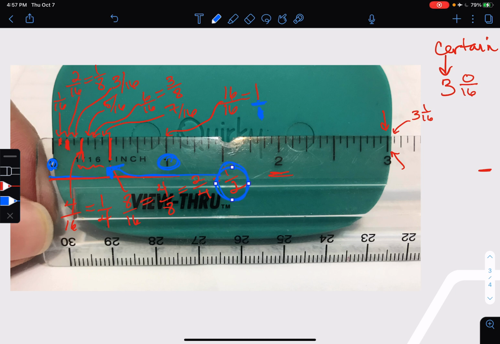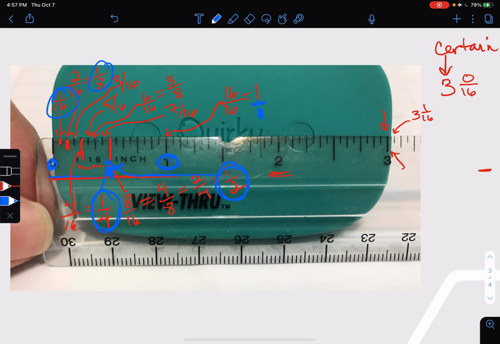And half of 1/2 is 1/4. That's right here, okay? And half of 1/4 is what? Is 1/8. And half of 1/8 is what?